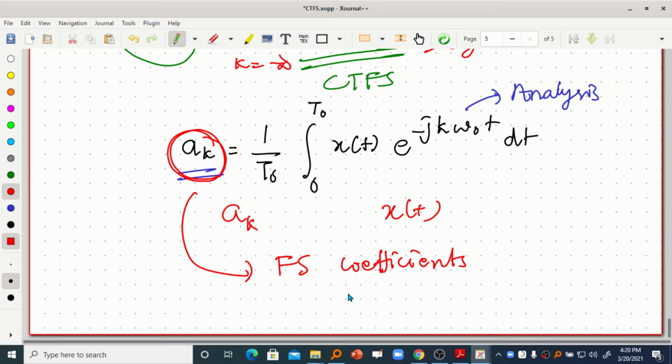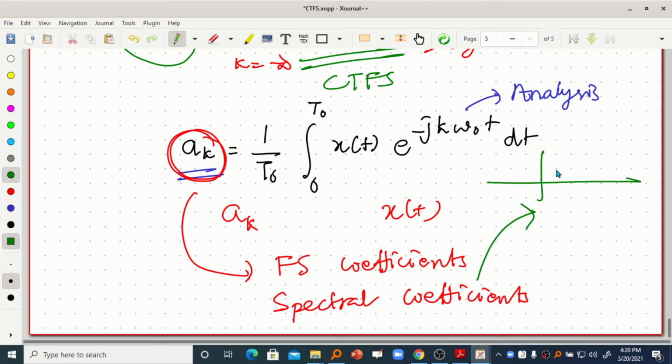The Fourier series coefficients of a continuous time periodic signal are also known as spectral coefficients. This is because if you plot these a_k values on a graph with respect to frequency, we can know what frequencies are present in the signal x of t.